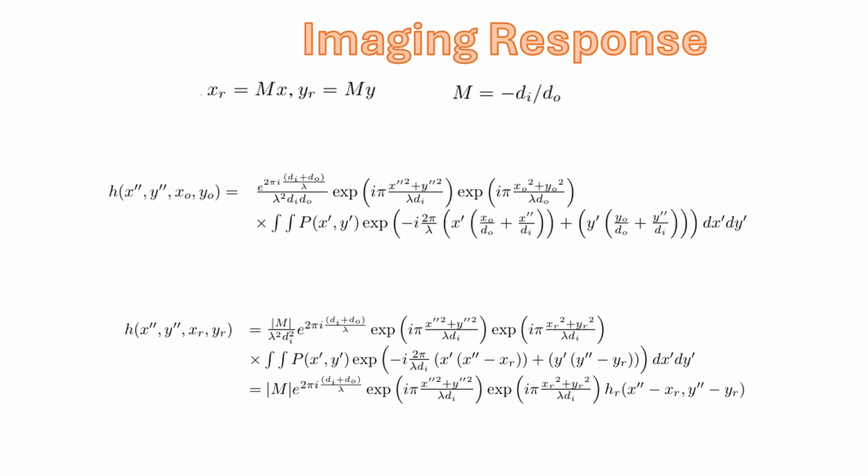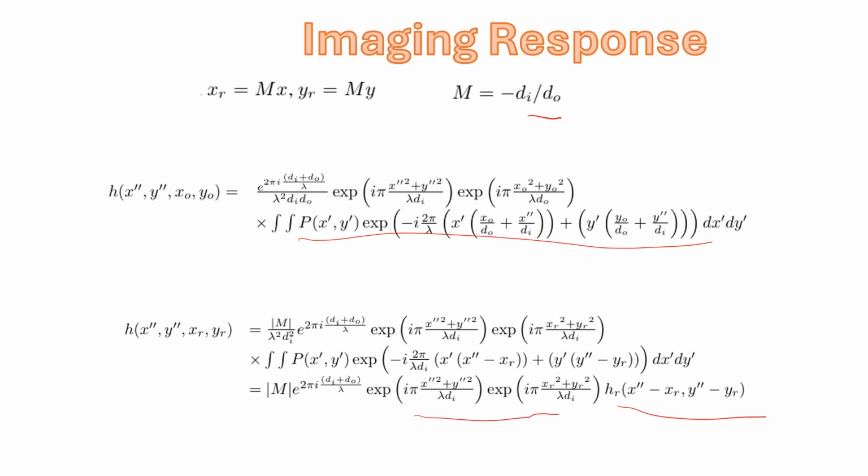So we'll define this reduced coordinate x sub r, which is the magnification m times the object space coordinate, and m is defined as the negative of the image distance divided by the object distance. And in this reduced coordinate, this Fourier transform of the pupil function can be turned into a fairly nice and elegant impulse response, but we still have these phase terms out in front that we'll have to worry about in just a second.